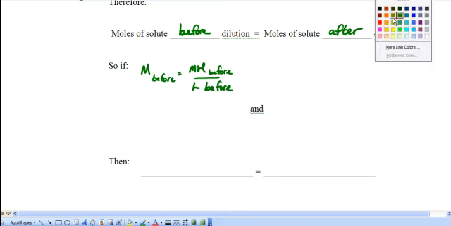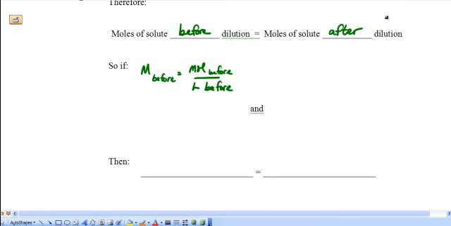And we'll do the same thing, I'm just going to change up colors here, for after. We have the concentration after the dilution will equal the moles after dilution divided by the volume after the dilution.